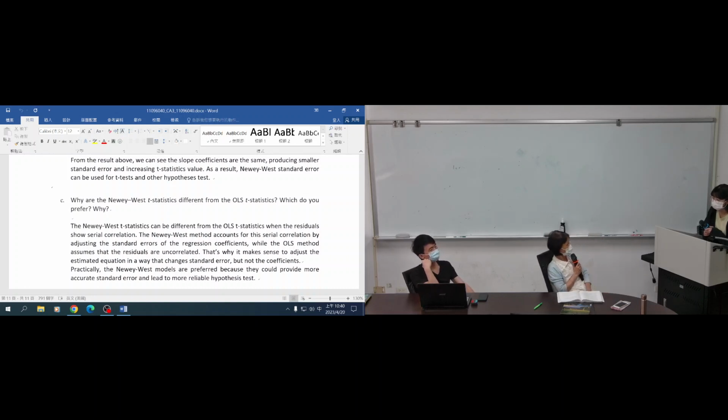But the standard error is different, because the standard error calculation assumes there's no heteroscedasticity, but we do have it. So they adjust the standard error in order to make it more accurate. Then we can trust the result of hypothesis testing.